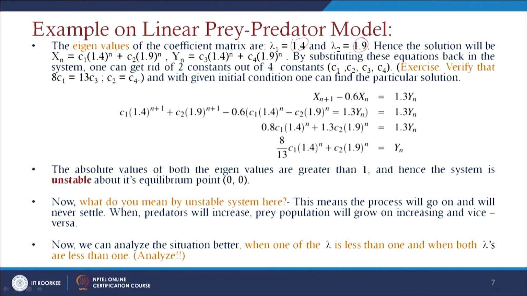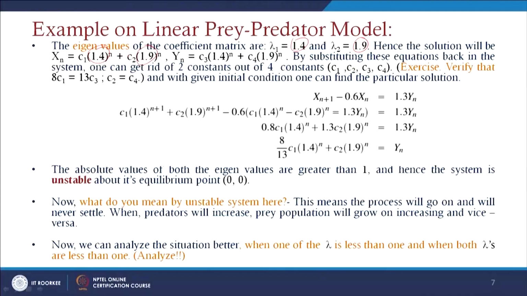The generalized solution, as we have discussed in the last lecture, can be written as a complementary function of the form x_n equals c1 into lambda 1 to the power n plus c2 into lambda 2 to the power n, that is nothing but 1.9 whole to the power n here.